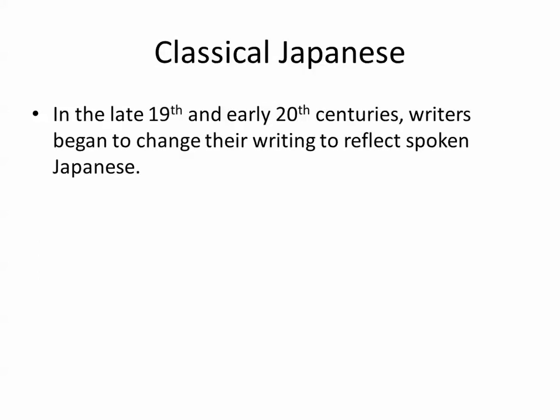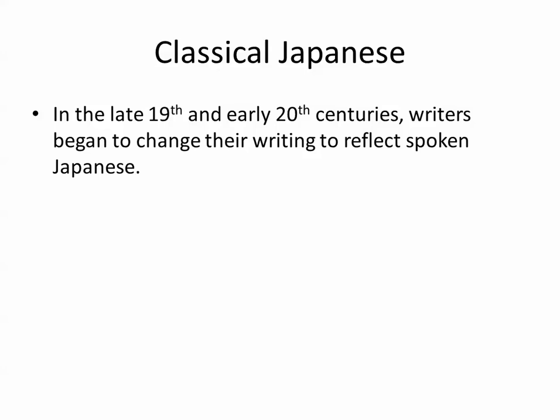In the late 19th and early 20th centuries, writers began to change their writing to reflect spoken Japanese. So think of it this way. For centuries, people were writing using the same sort of grammatical paradigms, and I really do mean to use that word paradigm, as you'll see later on in this lesson.